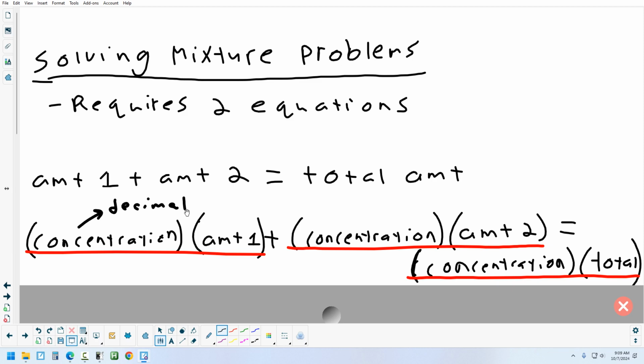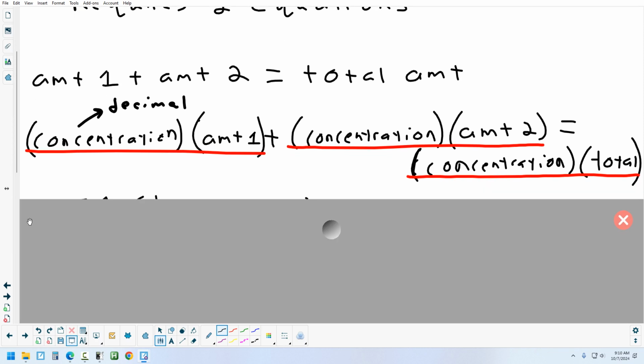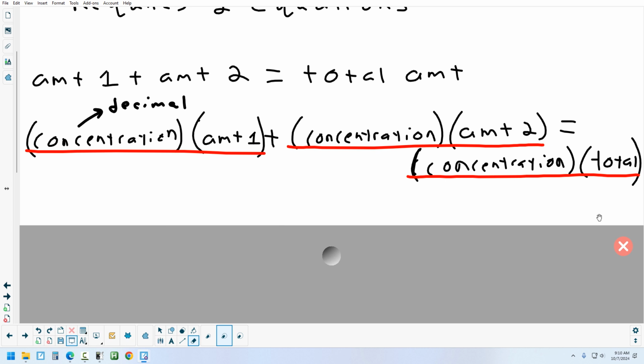The first equation is for the total amount of solution you want to have. The second equation takes into account the concentration of the solution. As long as we have those two templates, all we really have to do is plug into them.